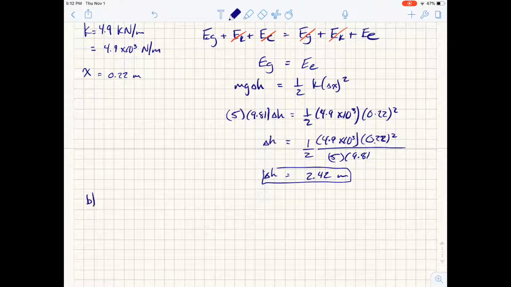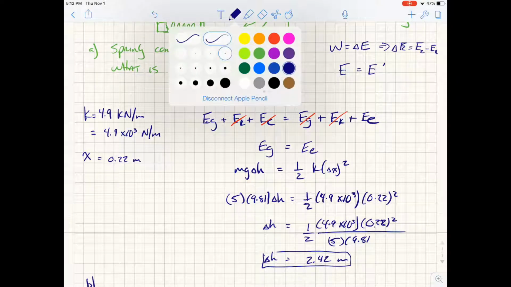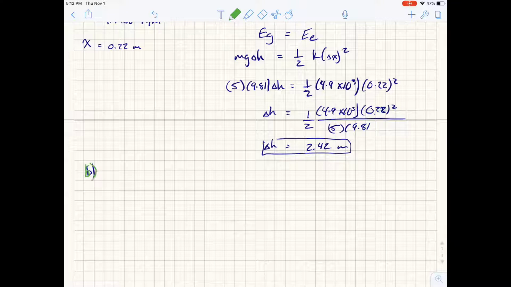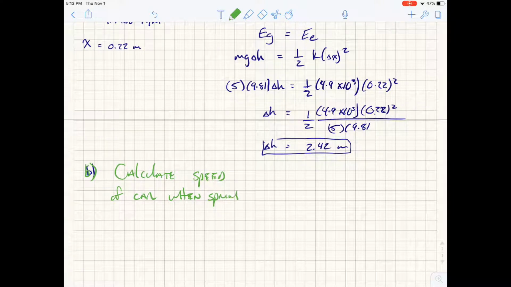Here's another question that we could possibly ask. Let's change to green to mix it up just a little bit. What else could we possibly know about this situation? Let's see if we can calculate the speed of the car when the spring compresses 0.15 meters.